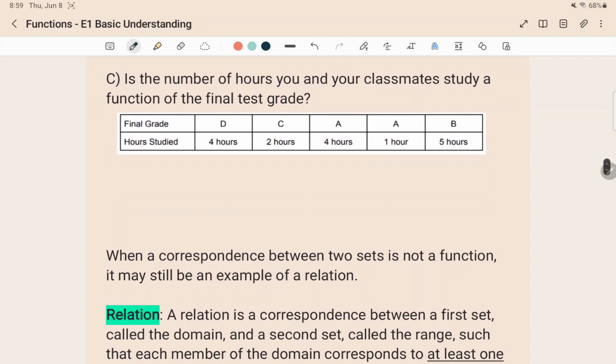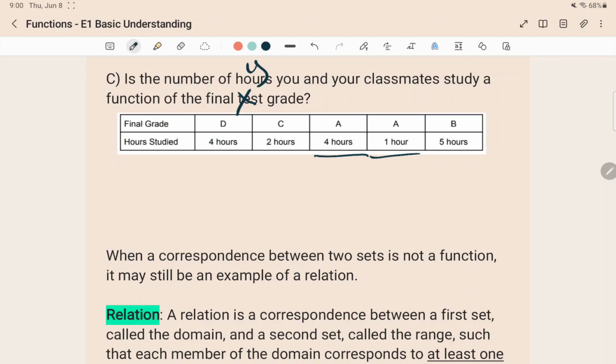Is the number of hours you and your classmates study a function of the final test grade? Again, remember our function code from earlier. y is a function of x. In this example, y is the number of hours, and x is the final test grade. Notice that two students got A's but studied for a different number of hours.